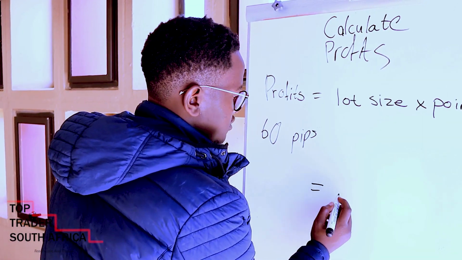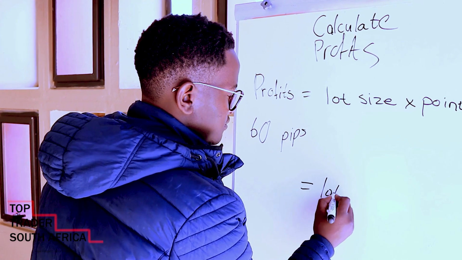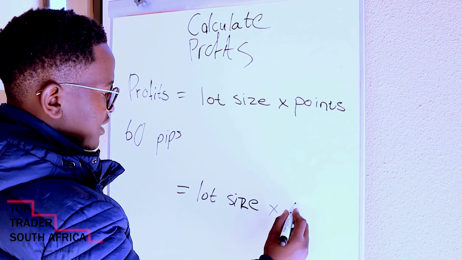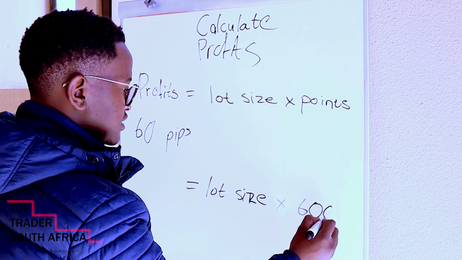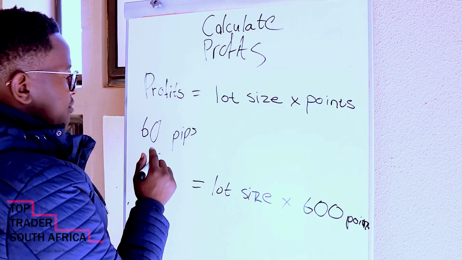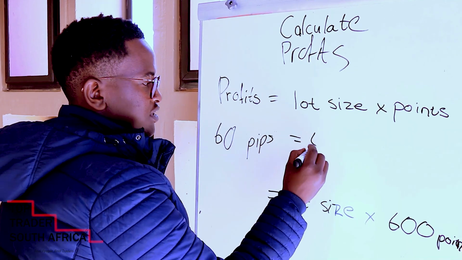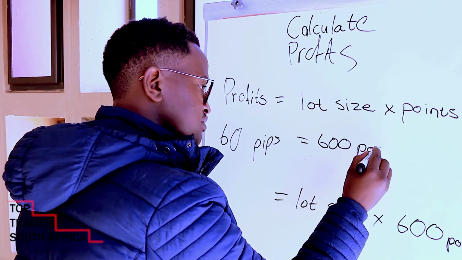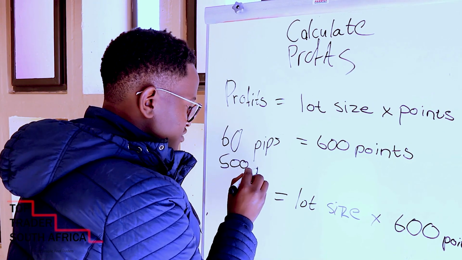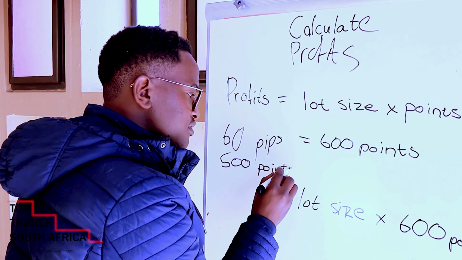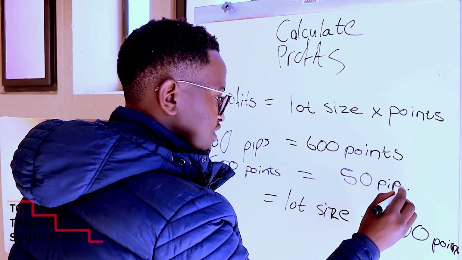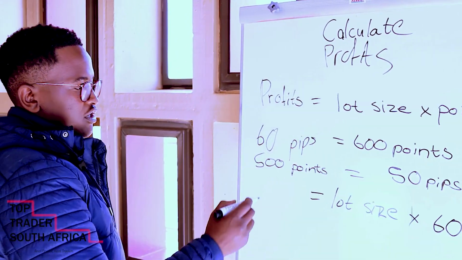So profits equals lot size multiplied by 600 points. Remember, 60 pips equals 600 points, or 500 points equals 50 pips. Because we're calculating profits, we come to the lot size.